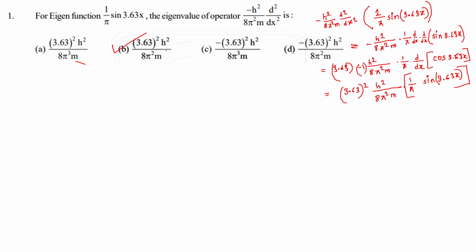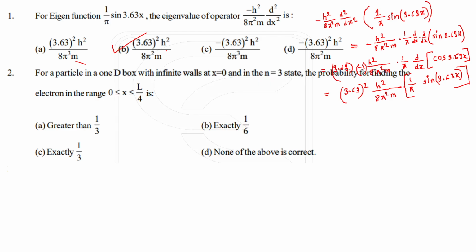Okay. Now let us go to the next question. The second question is, for a particle in a 1D box with infinite walls at x is equal to 0 and in the n is equal to 3 state, the probability of finding the electron in the range of... First of all, this is a particle in a box problem.